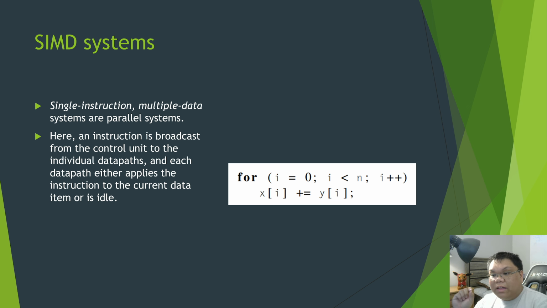An instruction is broadcast from the control unit to individual data paths, and then each data path either applies the current instruction to the current data or it's idle. So if we have, say, 1000 CPU cores, and they're all calculating this.